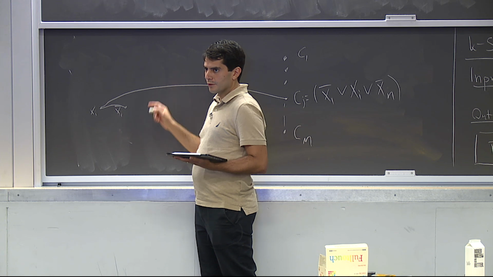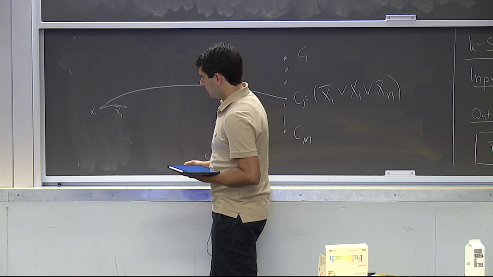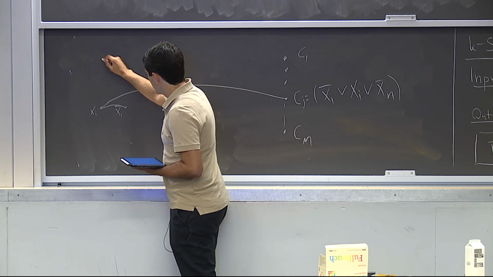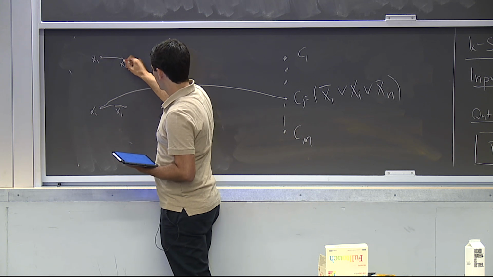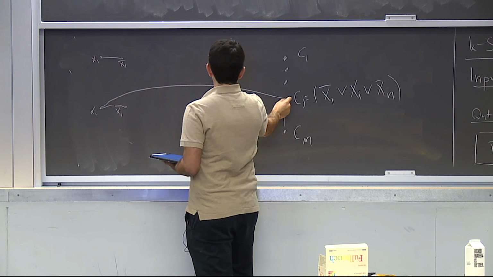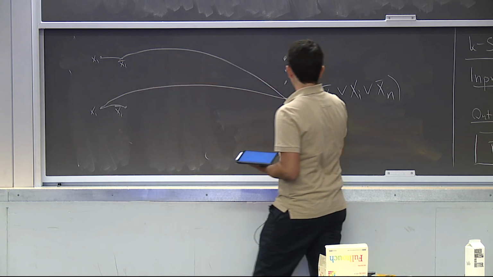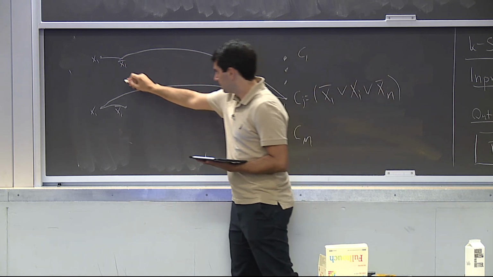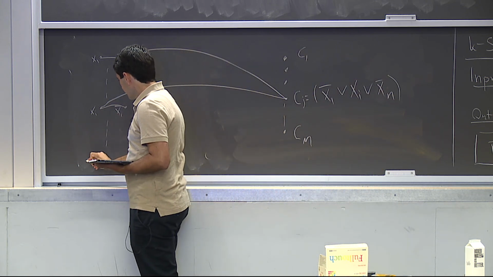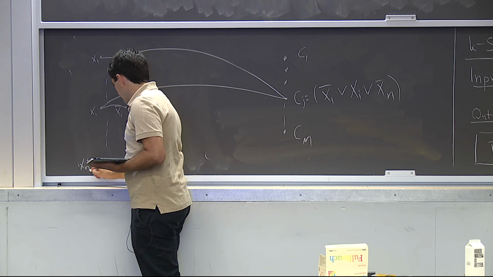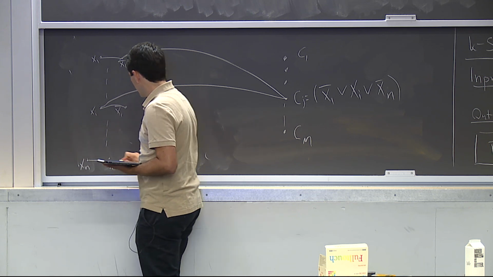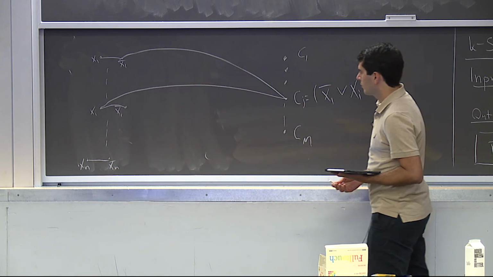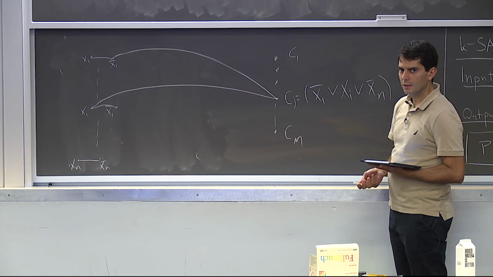You don't have to choose both. And maybe you're going to put an edge to the x1 not, because it appears negated. Yeah, I think that kind of works.